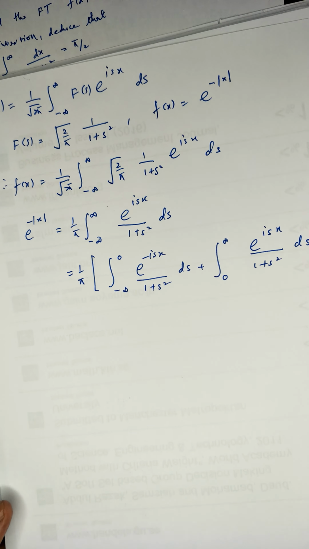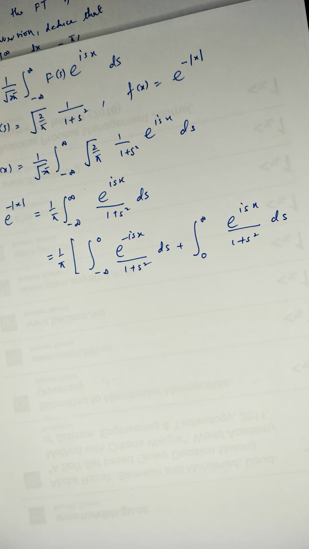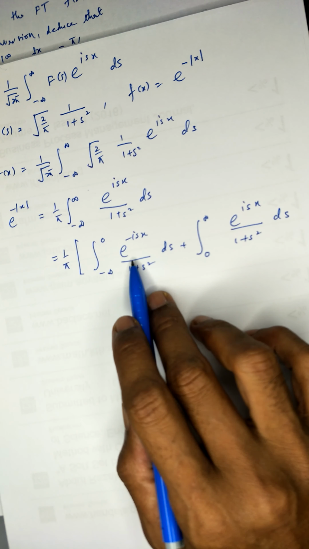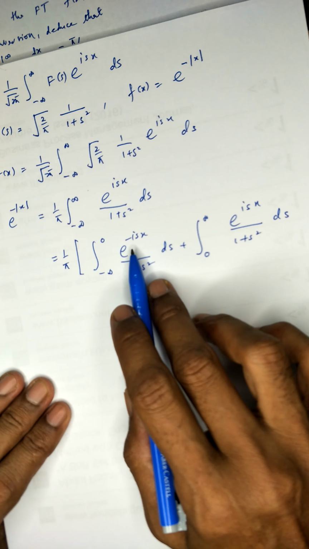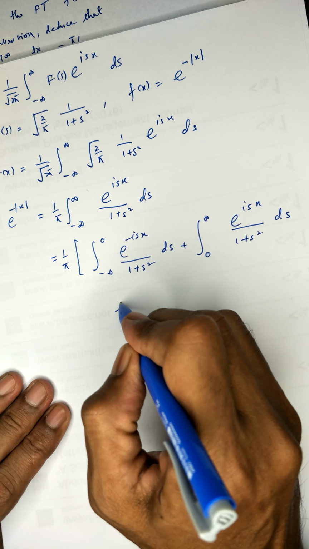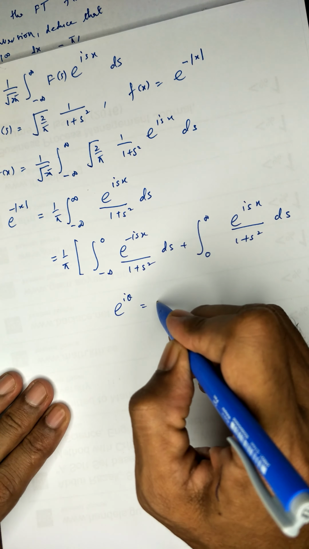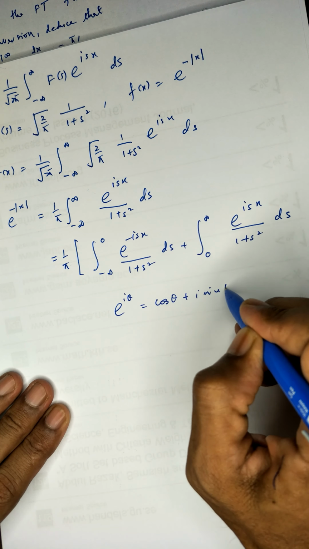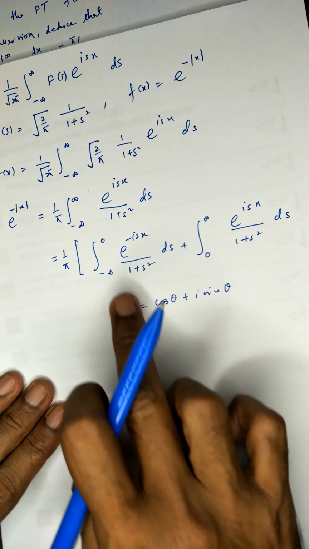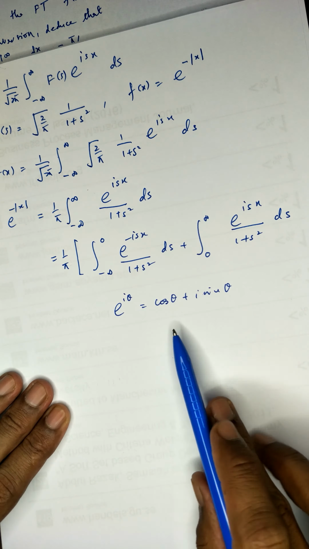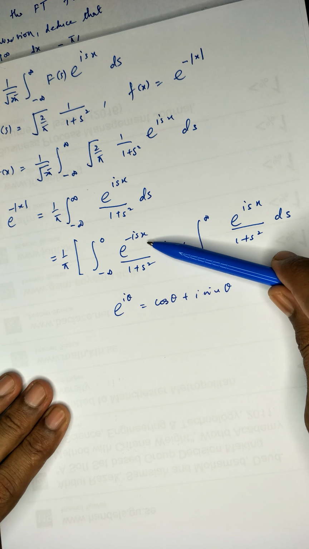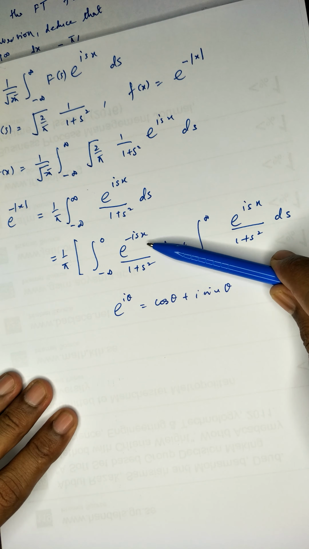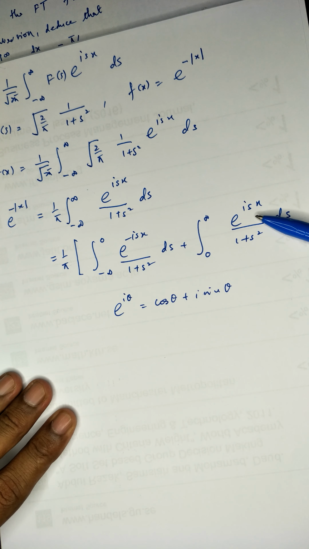Okay, if you use the expansion e to the i theta equals cos theta plus i sin theta, this one is cos sx minus i sin sx, and this one is cos sx plus i sin sx.